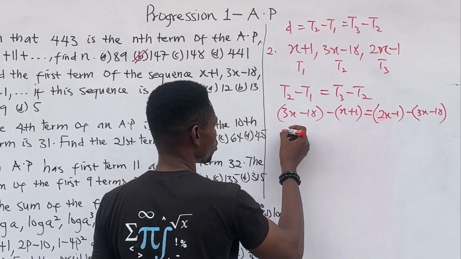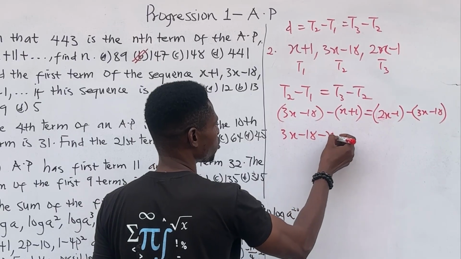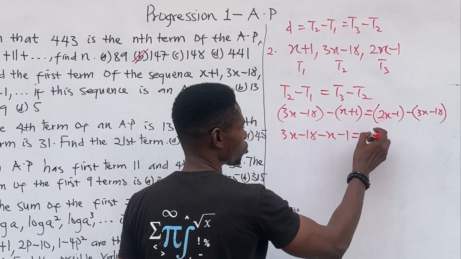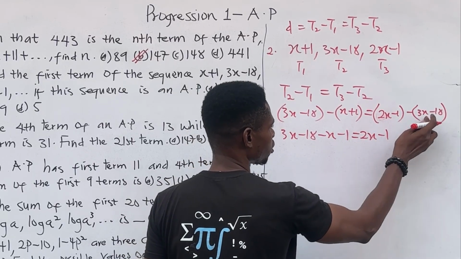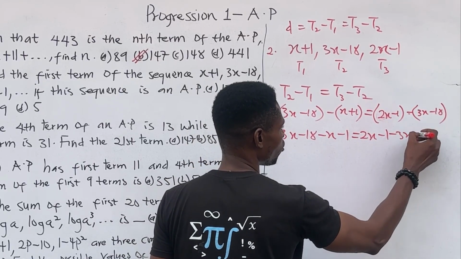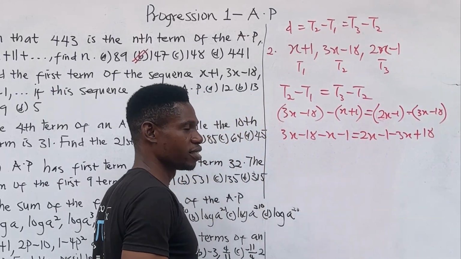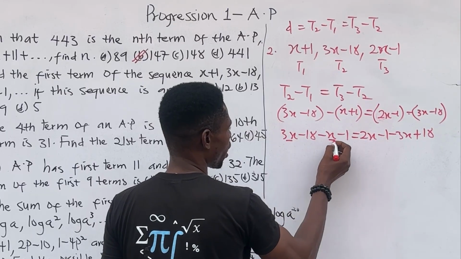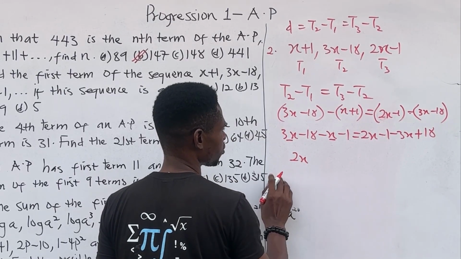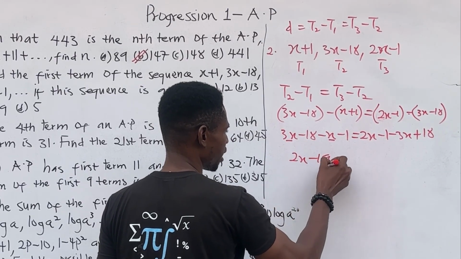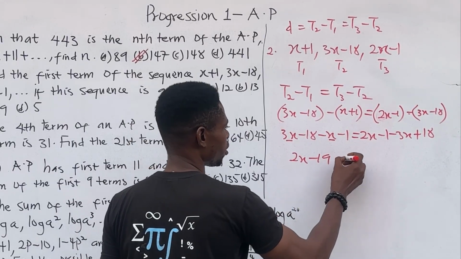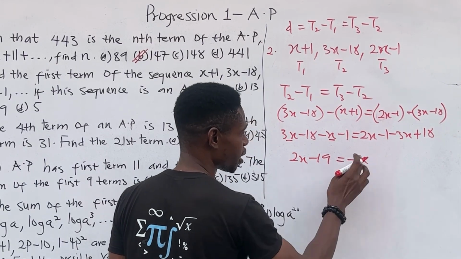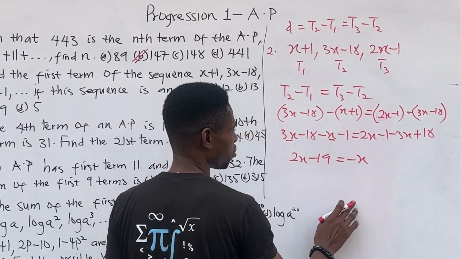So let's expand. So this will give us 3x minus 18 minus x minus 1, that's minus x and minus 1, equals 2x minus 1 minus 3x, minus and minus give us plus 18. So 3x minus 1x, that's 2x, minus 18 minus 1, that's minus 19, equal to 2x minus 3x, that's minus 1x, that's 2 minus 3 is minus 1 on x.